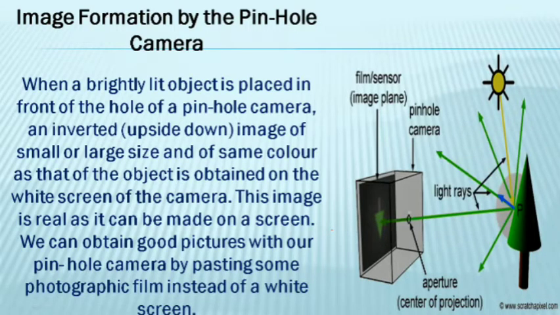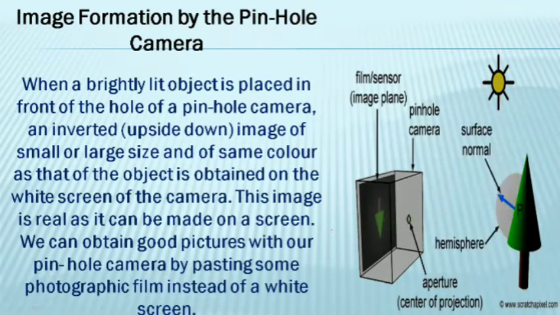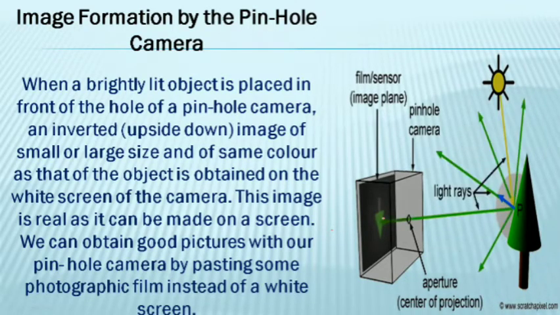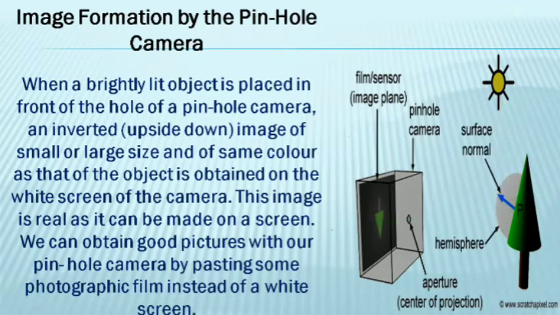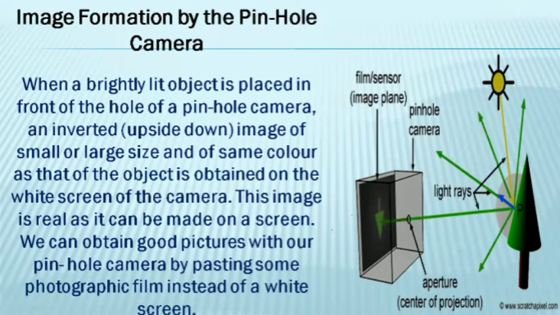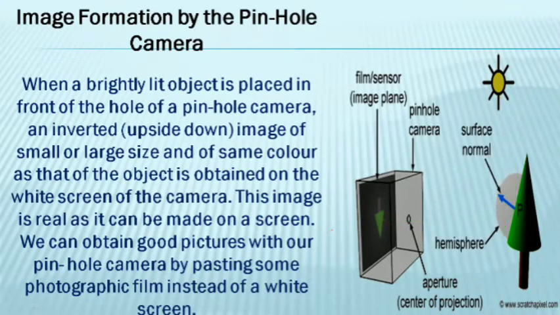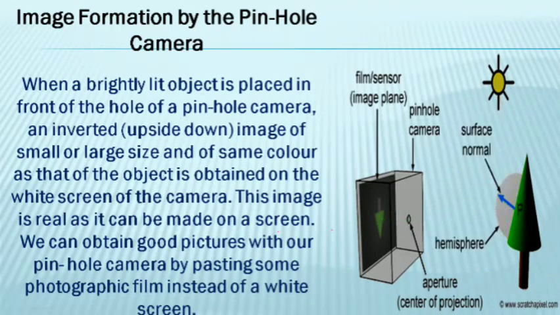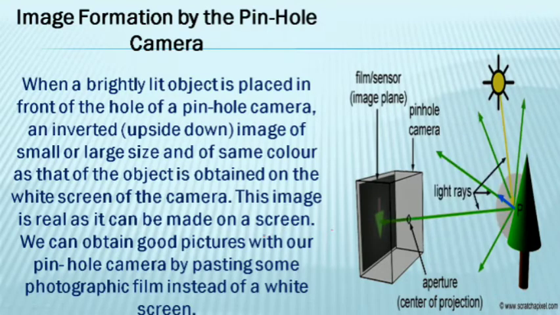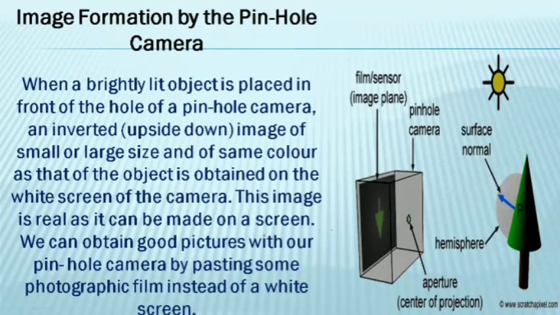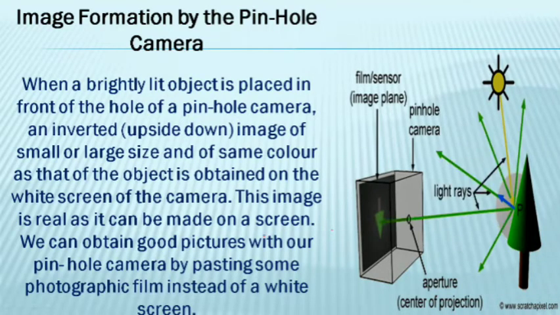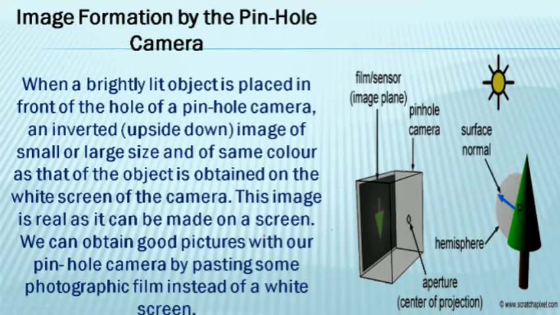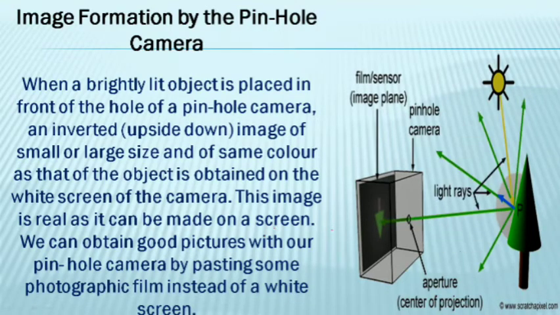This is the aperture. Aperture means hole. The light strikes here, passes into the hole, and at the back on the screen you can get the upside down image. So the image is real as it can be obtained on the screen, and then we develop that in our photographic lab and can have it printed.